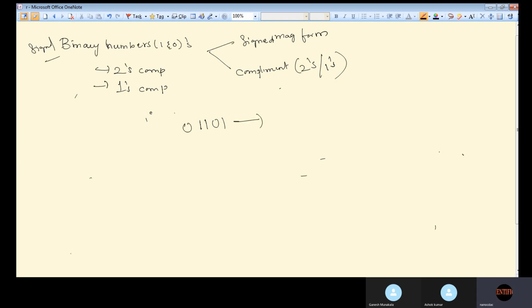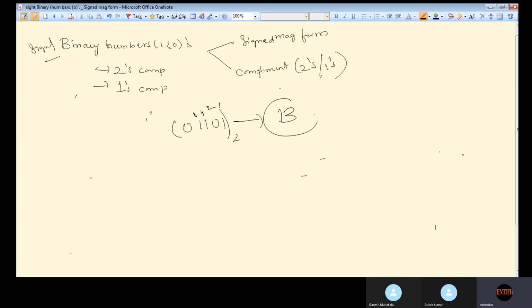What is the equivalent decimal number for this binary? 1, 2, 4, 8.